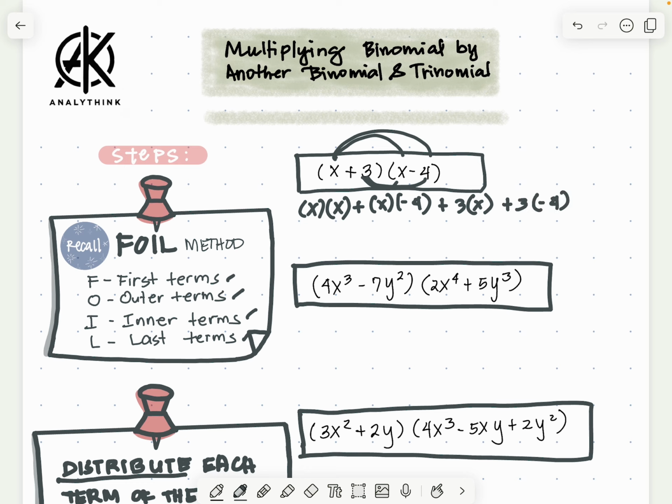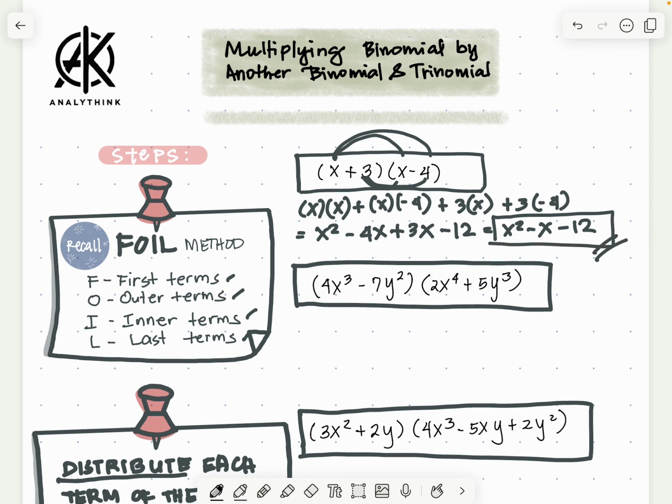Now simplifying this, you get x squared minus 4x plus 3x minus 12, and then combine similar terms, you get x squared minus x minus 12. So this will be our final answer.